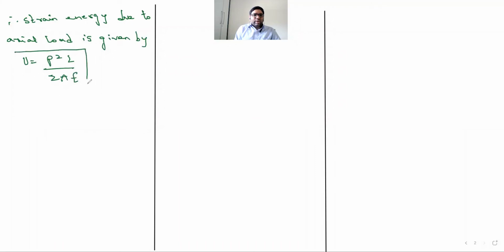One of the very important expressions in solving problems associated with axial loading. Okay. So this is how we calculate the strain energy of an object or a body when it is subjected to axial loading.